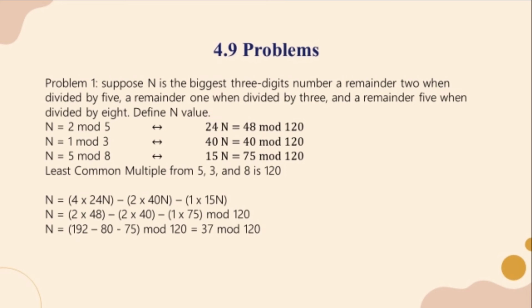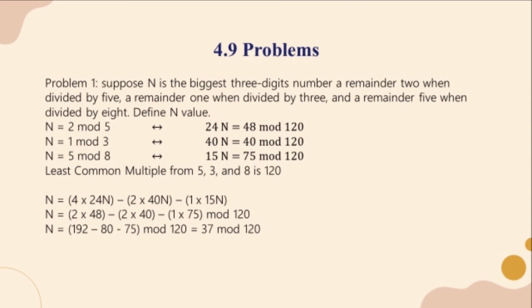So we can determine that n is 4 times 24n minus 2 times 40n minus 1 times 15n. So we get 4 times 48 minus 2 times 40 minus 1 times 75 modulo 120, which is 192 minus 80 minus 75 modulo 120.